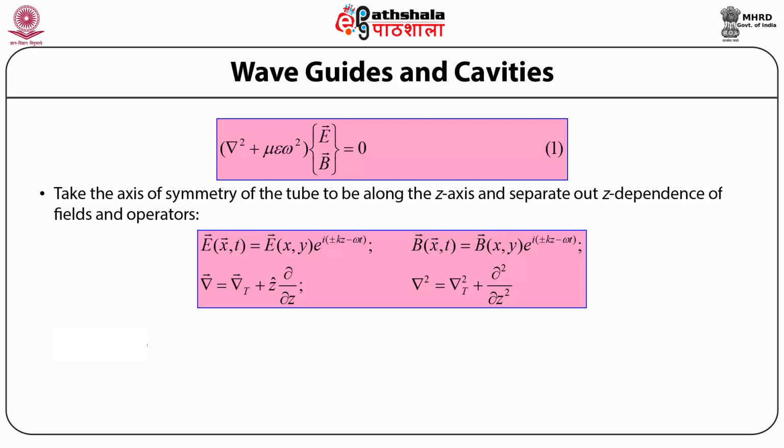Similarly, the del square operator can be written as del square transverse plus ∂²/∂z².